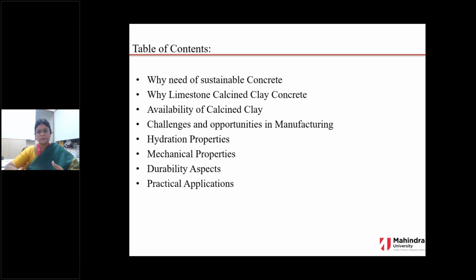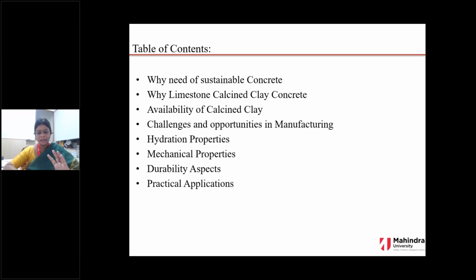And as humans, whenever something new comes, we always try to compare it with the old one. So similarly, how does this limestone calcined clay fare with respect to OPC and other blended concretes? I'll be talking about their strength properties, mechanical characterization, durability properties, etc.